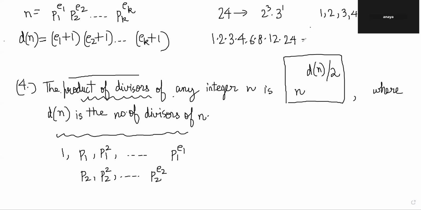In the product of the divisors, we are getting 2 power 1 plus 2 plus 3, right? And then there are some more powers of 2 from here and here and here, right? There is 2 here, 2 powers of 2 here, and then there are 3 powers of 2 here.